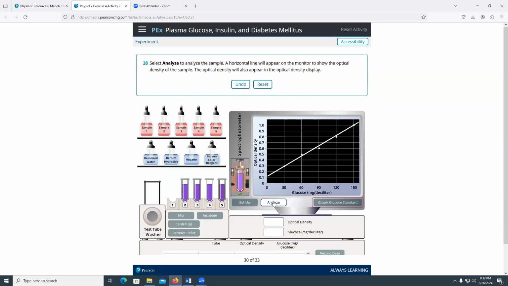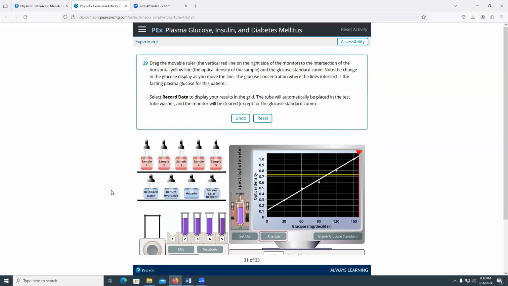So we press analyze, meaning we have the light running through it. So now the spectrophotometer showed me that this yellow line is the optical density of this mysterious test tube. So how much sugar it had, I'm going to make the intersection point.